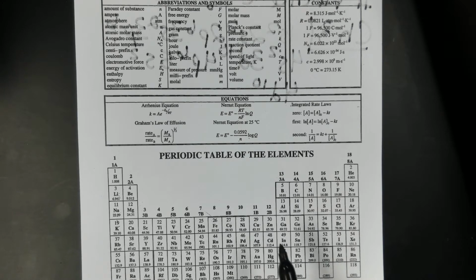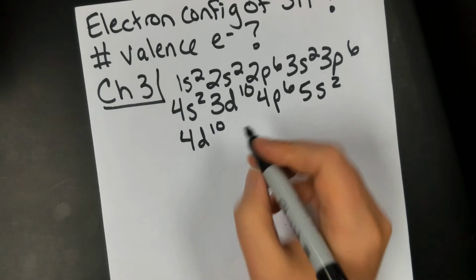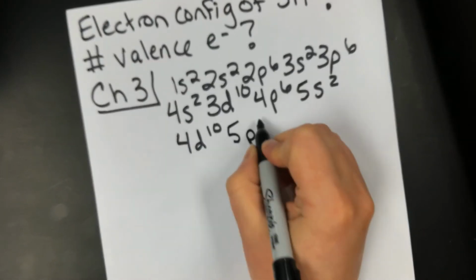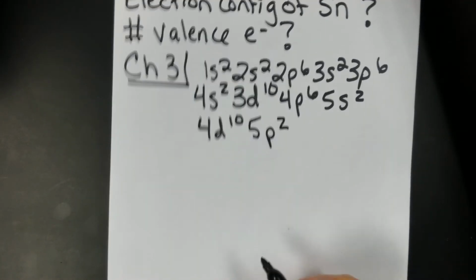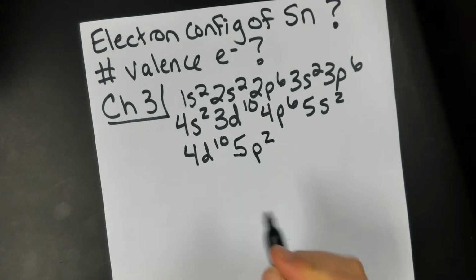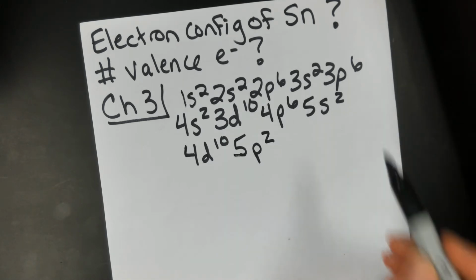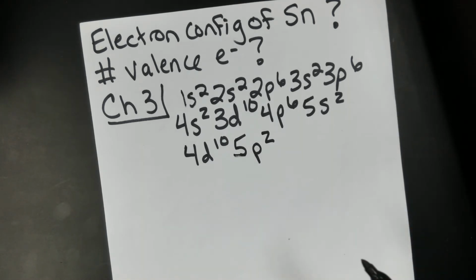What are these two electrons in? They are in the 5p, because row 1, 2, 3, 4, 5. 5p1, 5p2. That's the electron configuration for Sn, the whole thing written out.